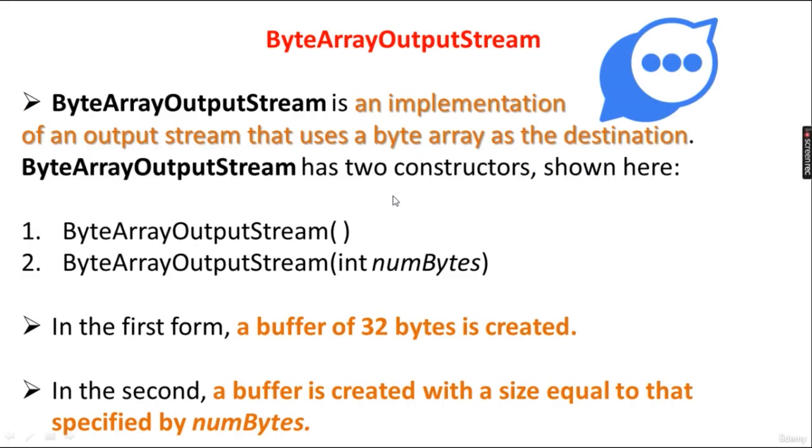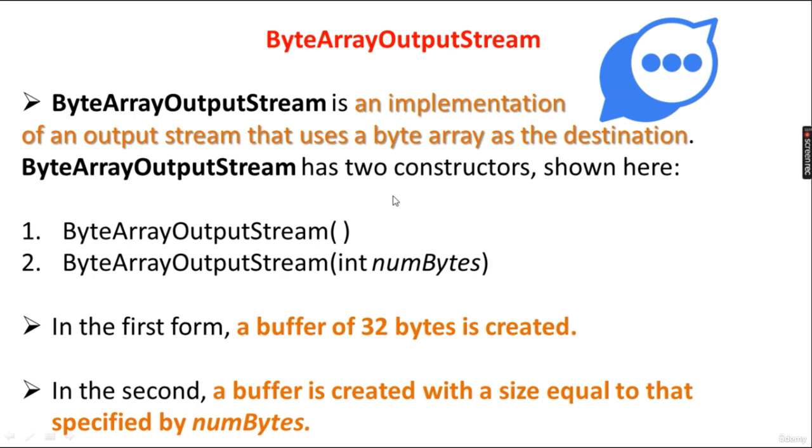ByteArrayOutputStream is an implementation of OutputStream that uses a byte array as the destination. ByteArrayOutputStream has 2 constructors: one is default and the second takes the number of bytes, that is, how many bytes you have to write into the array. With the first one, a buffer of 32 bytes is created.